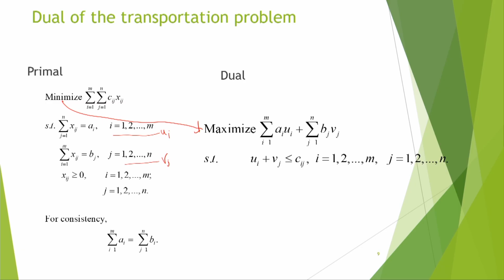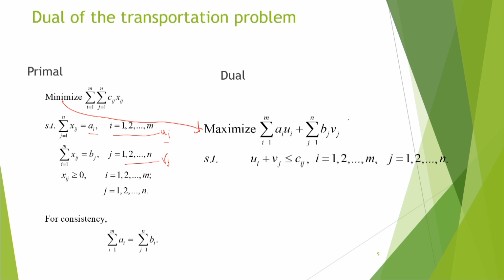So with the ith constraint I put ui. You can say ui is a dual multiplier or shadow price or unit worth of the resource of that constraint. So minimization becomes maximization: the sum over i from 1 to m of ai ui, plus the sum over j from 1 to n of bj vj.